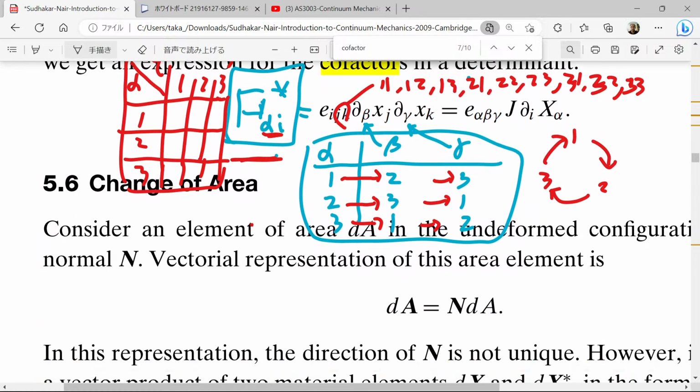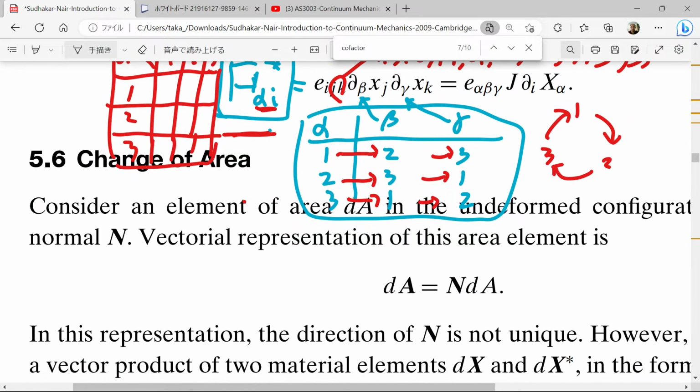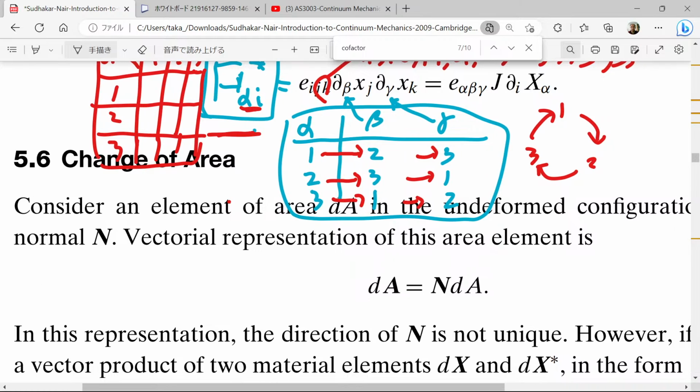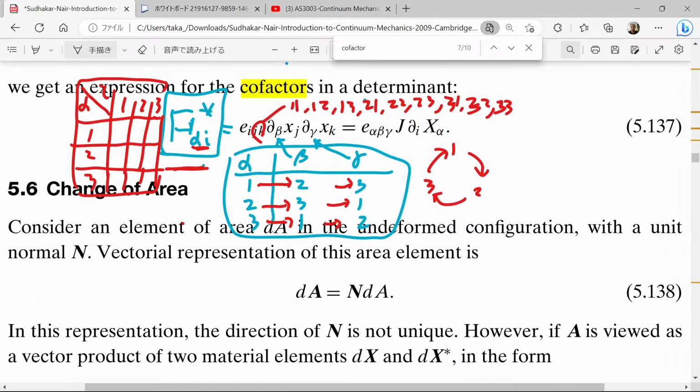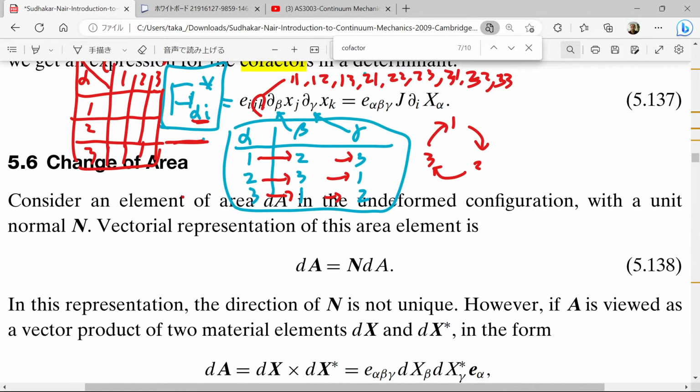Change of area. We consider an element of area dA in the undeformed configuration with unit normal n. The vectorial representation for this area element is this. So you just have some area with the size of dA, then you have some normal vector.